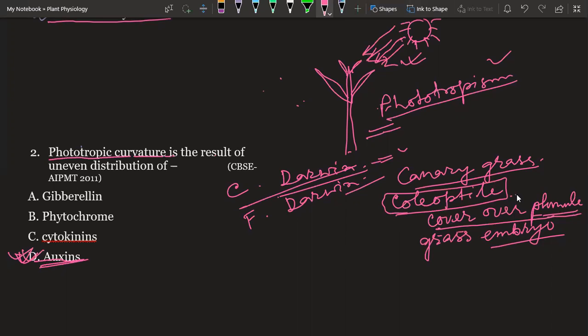Then they concluded that there is a certain chemical which can transmit and cause the bending of the coleoptile.